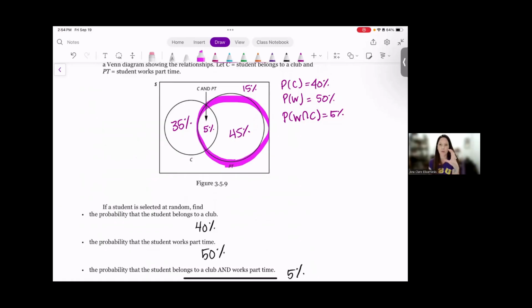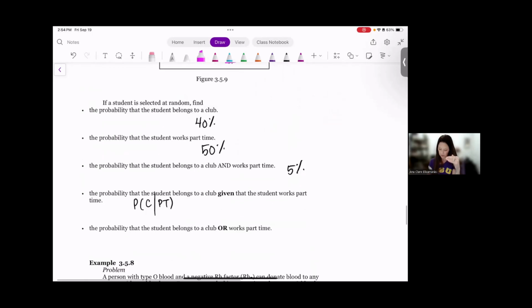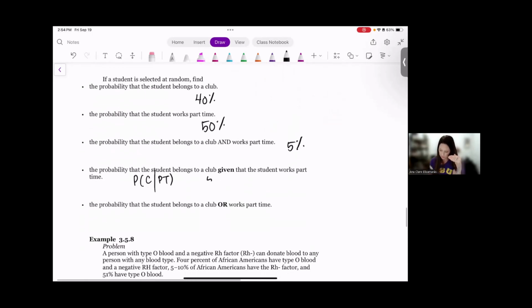These aren't whole numbers, these are percentages, but the total percent is 50%. And 5% of that belong to the club. So that's going to be 5% over 50%. 5 divided by 50 is 0.1 or 10%. And in your calculator, you would do 5 divided by 50, or 0.05 divided by 0.5 if you're turning them into decimals.